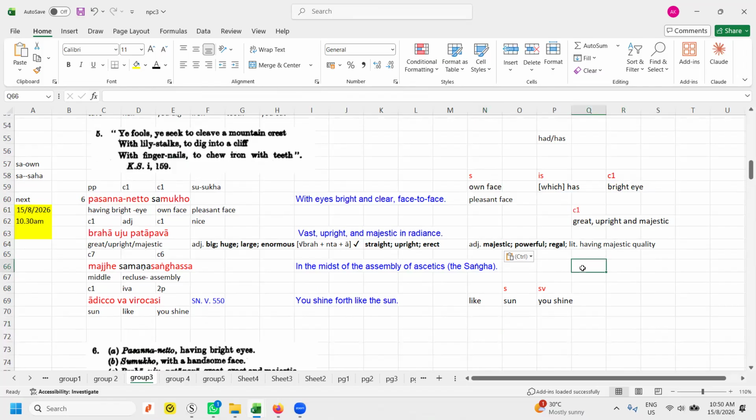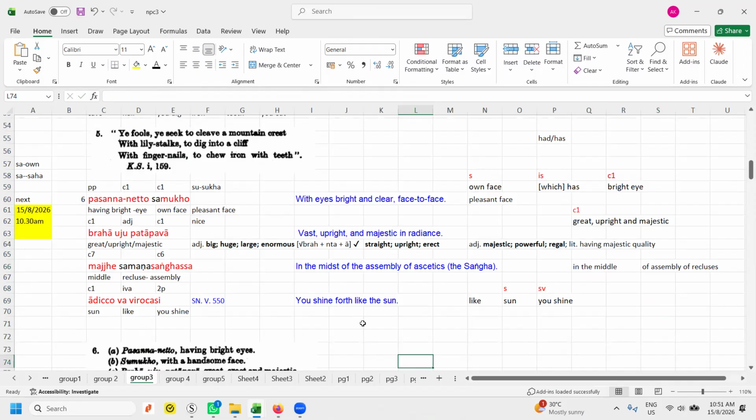Locative means in the middle, and then of assembly, of monk, recluse. Recluses. See, like that. So this is like that.